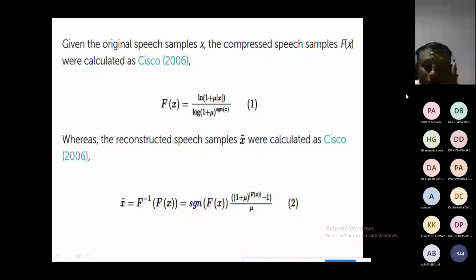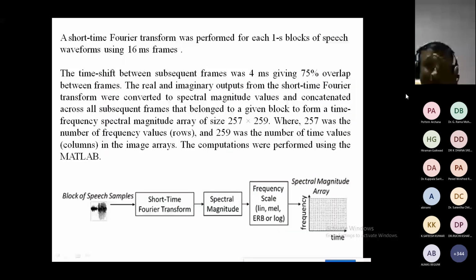Then we have to check the frequencies. For the time interval, the frame is 4 milliseconds, with 75 percent overlap between frames. Then the time-frequency spectral magnitude size is restricted to 257 by 259: 257 was the number of frequency values and 259 was the number of time value columns. The total testing was done through MATLAB.